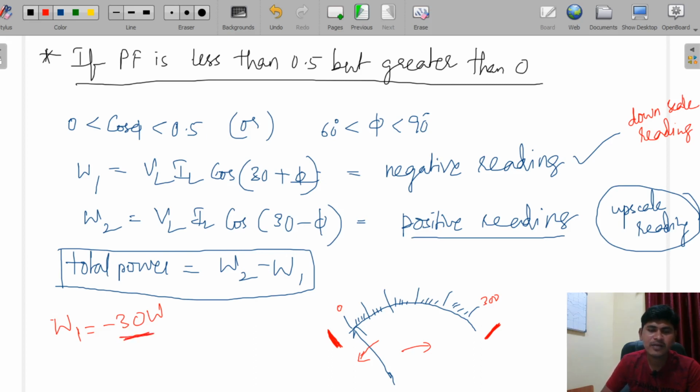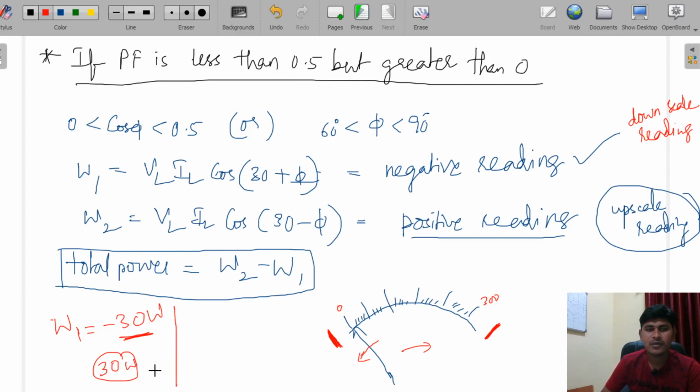This is the power measured by wattmeter 1. Anyhow, this reading cannot be obtained from this wattmeter. So first, let me allow the wattmeter to read 30 watts, then after that you take minus 30.